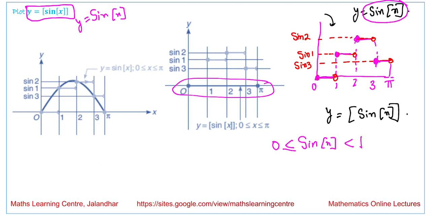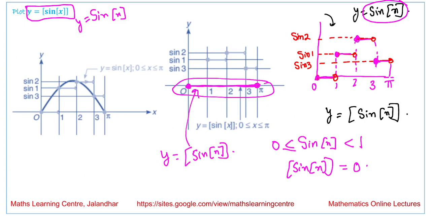So if we take the greatest integer of this function, it will always have the value equal to 0. So the graph of the function y is equal to greatest integer of sine of greatest integer of x will always be equal to 0. This graph is shown over here, and its value is always equal to 0 in this region.